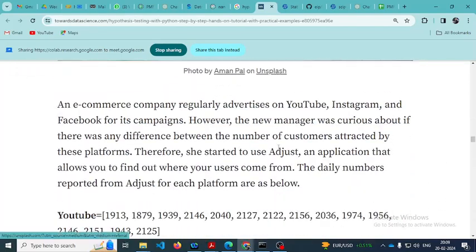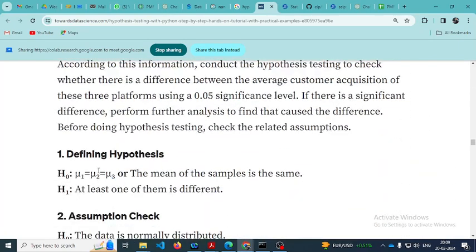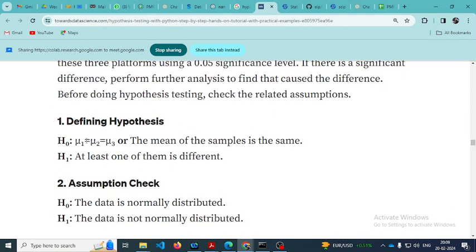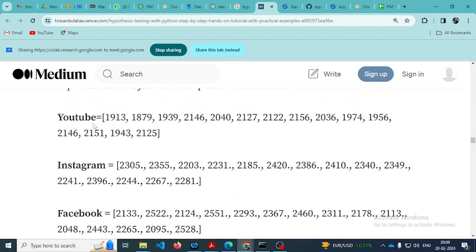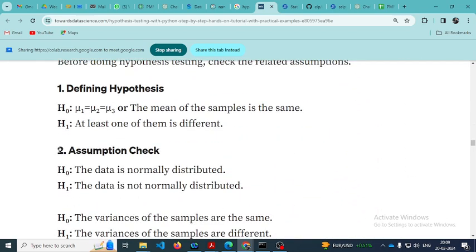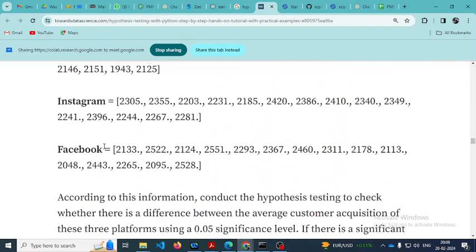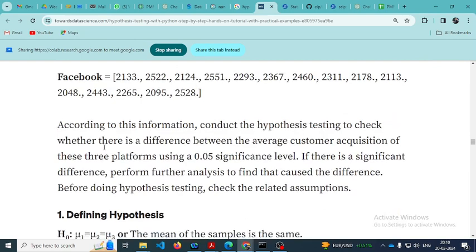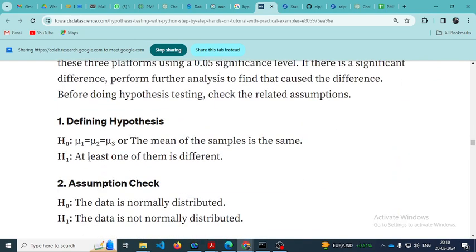Based on this problem statement, you define your hypotheses. Your null hypothesis: assume mu1 is the YouTube mean value, mu2 is the Instagram mean value, and mu3 is the Facebook mean value. Initially, you assume your null hypothesis is that the mean values are the same. The alternative hypothesis, H1, is that at least one of them is different.